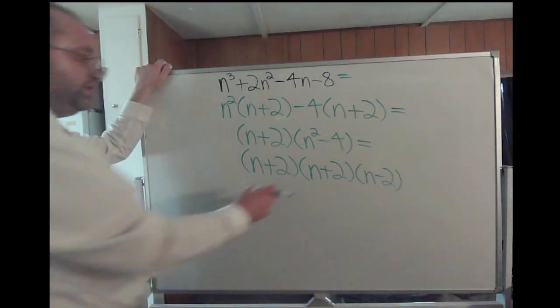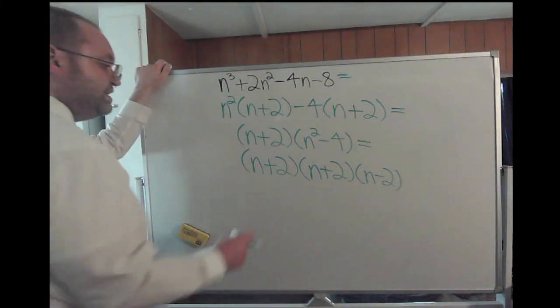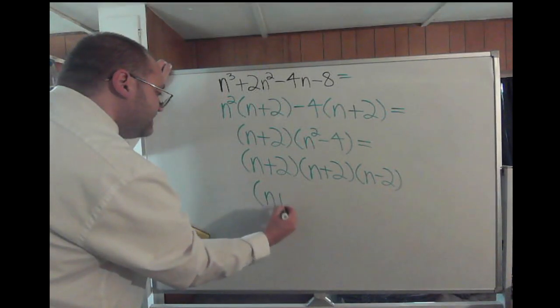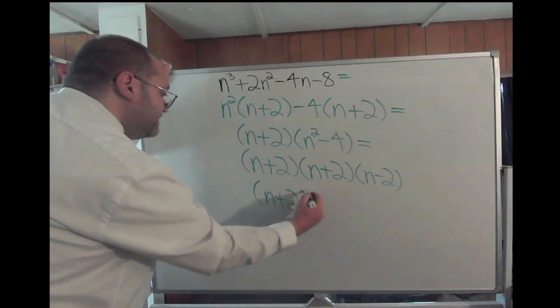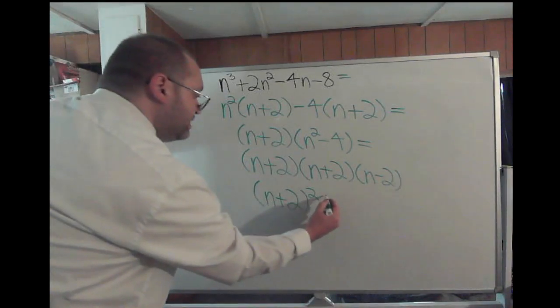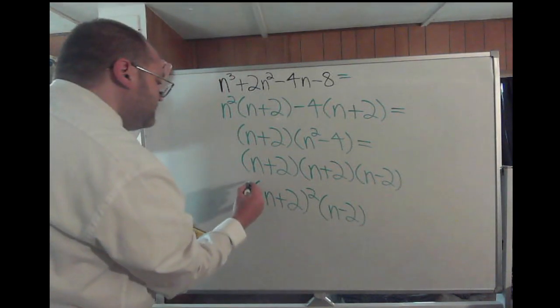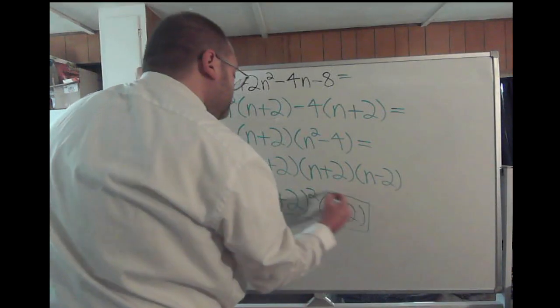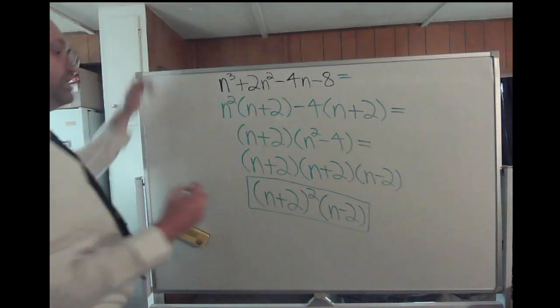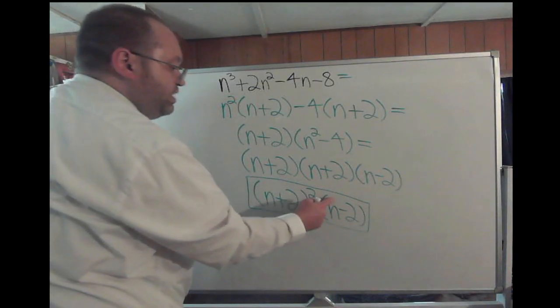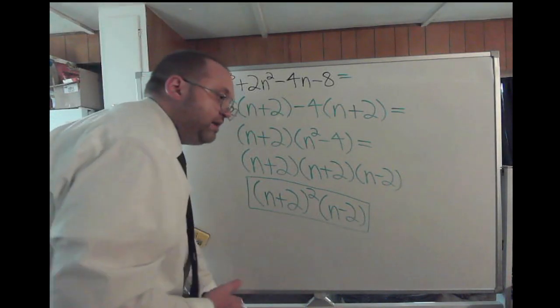Notice the n plus 2 occurs twice. You're multiplying it by itself twice. You can actually write this as n plus 2, that quantity to the second power, times the quantity of n minus 2. So the factorization of this would be the quantity of n plus 2 to the second power times the quantity of n minus 2 to the first power.